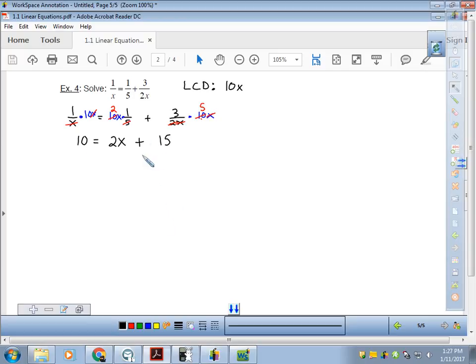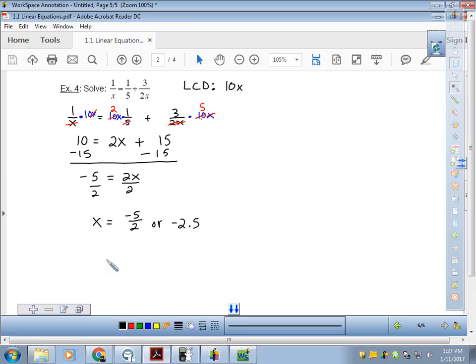So we have 10 equals 2x plus 15. We'll subtract 15 from both sides. 10 minus 15 gives me negative 5 equals 2x. Then I'll divide both sides by 2. And so I'll say x equals negative 5 halves. Or if you'd prefer an exact decimal, this is negative 2.5.